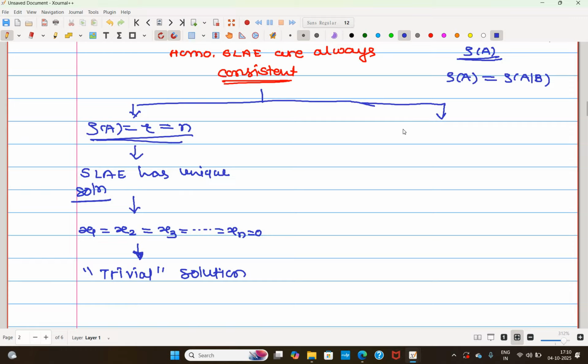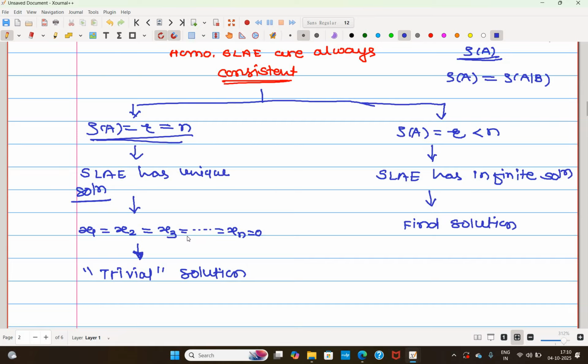And the second possibility is if the rank of A is equal to R but it is less than n. What is n? Number of variables. In that case, your system of linear algebraic equations has infinite solutions. And we need to find this solution.